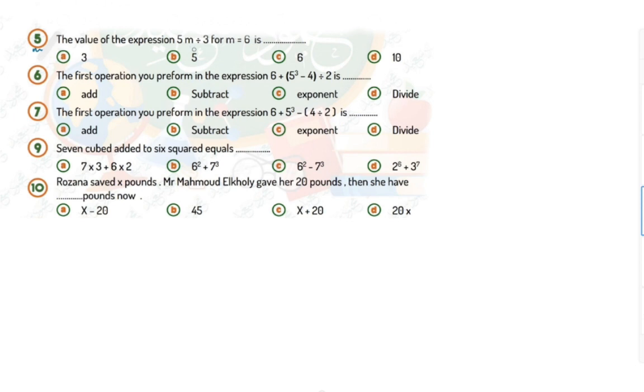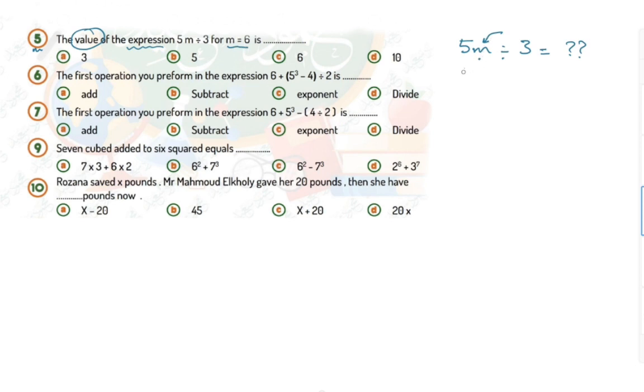How to solve this question? 5m divided by 3 is called an expression because we have operations like division and a variable m. To find the value of this expression, I need the value of the variable and then substitute. He gave me the value of m equals 6.